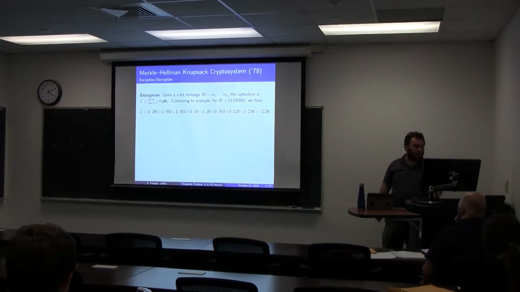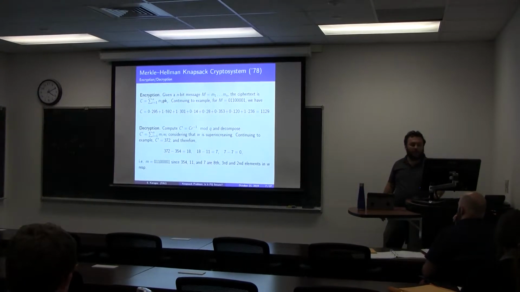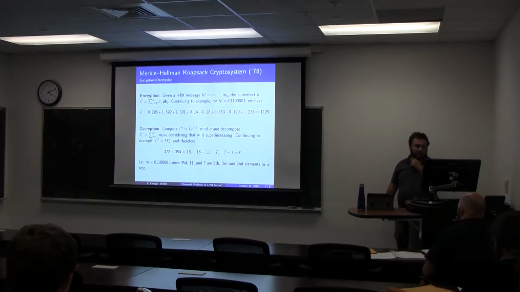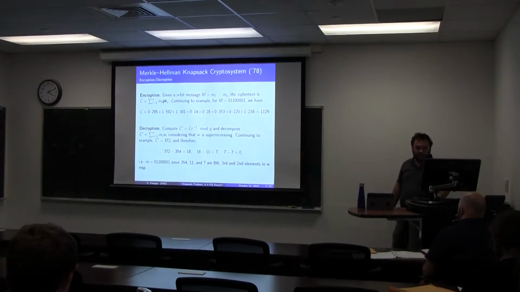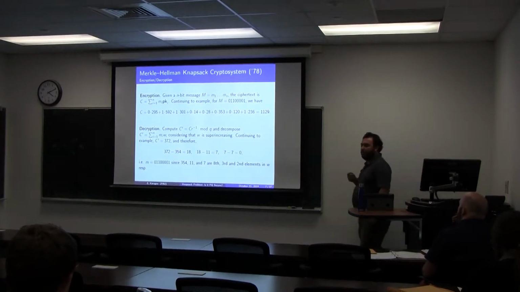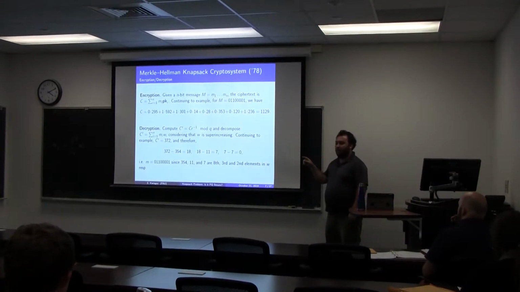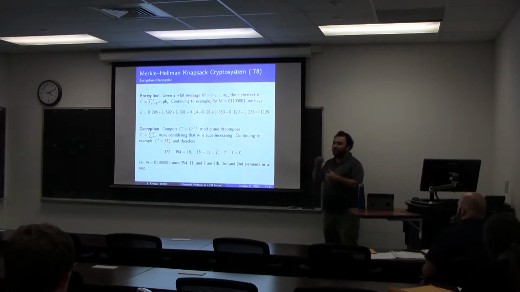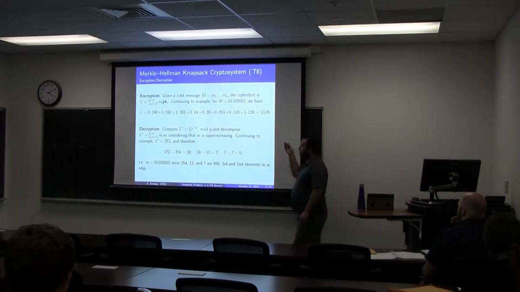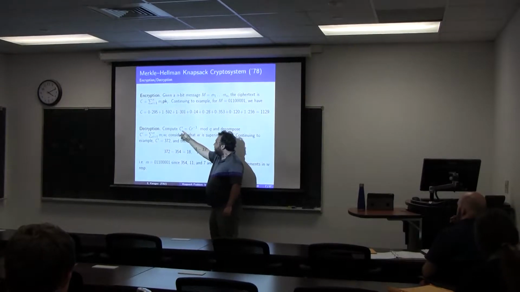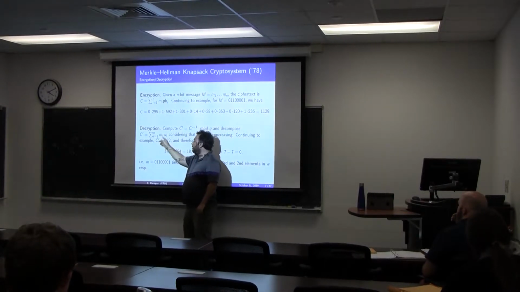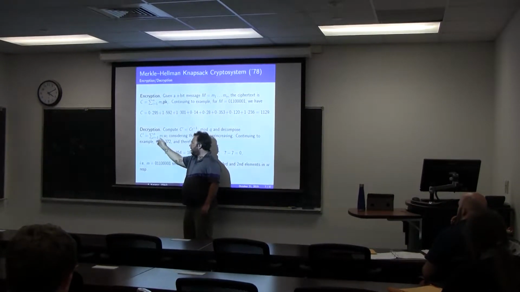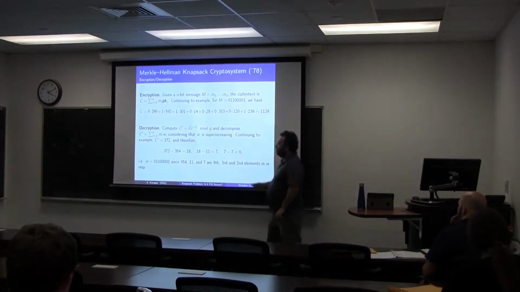And we get 1129. So how do we decrypt this ciphertext? Remember, we multiply all the private key elements with r. So we need to divide this ciphertext with r so that this C dash becomes our original knapsack sum.